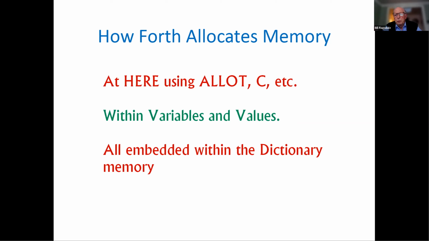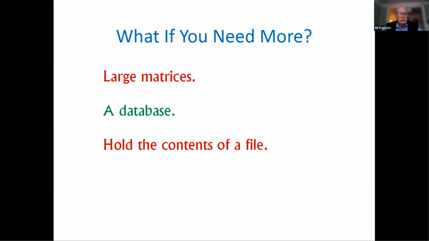You can declare variables, you can declare values, strings, and so on. But the problem is all of these are embedded in the dictionary. If you overflow the storage space, you can corrupt the dictionary, and they're special purpose, generally single function uses of memory.